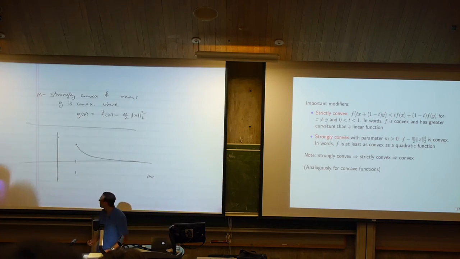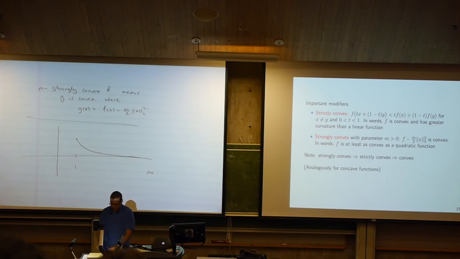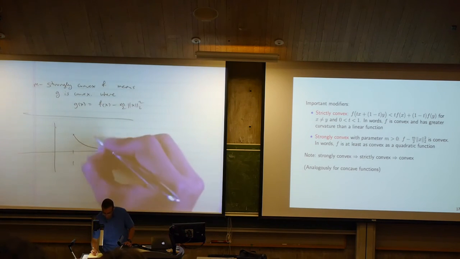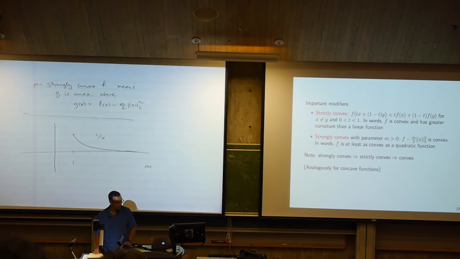Well, my drawing's not great, but you get the point. I cannot find something like a quadratic under-approximator to that, but it is strictly convex. Good question. Other questions?